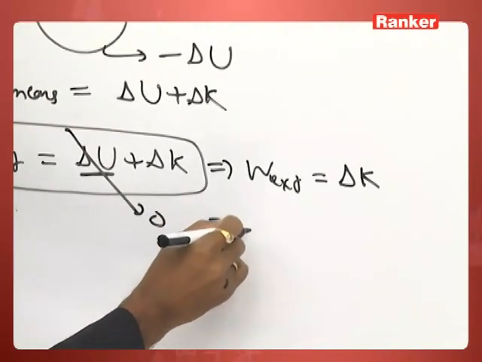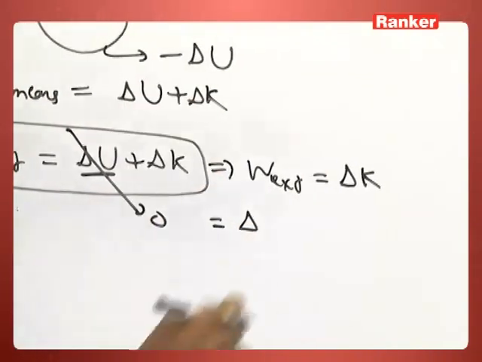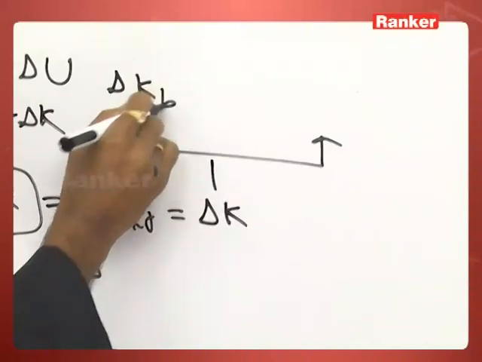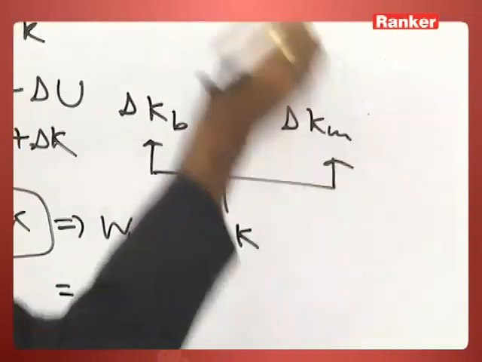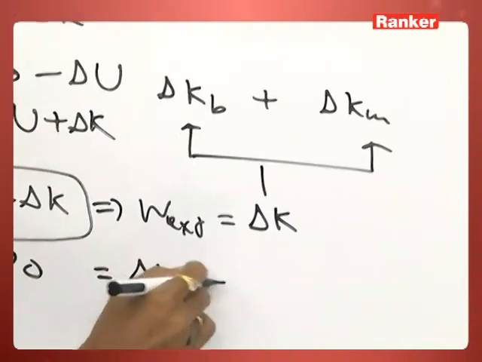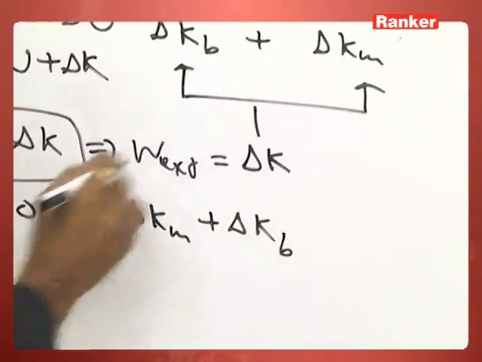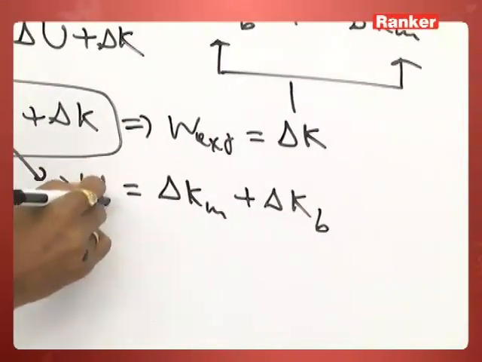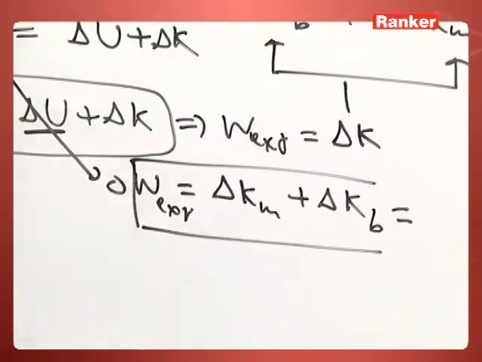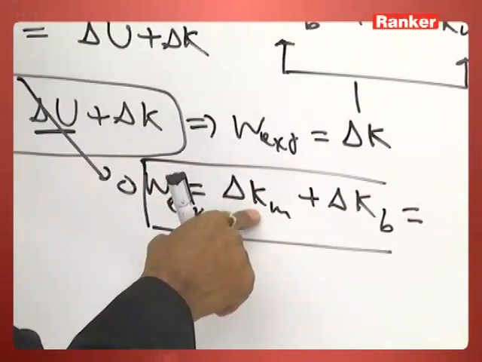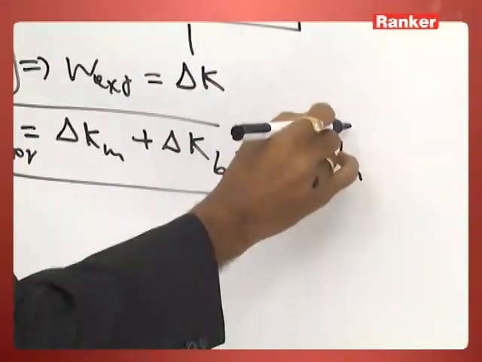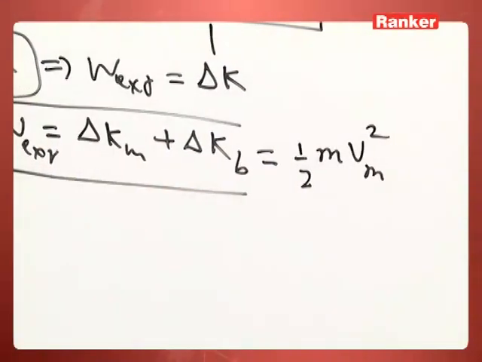This kinetic energy change has two parts. There are two bodies here. The boat is changing some kinetic energy, and you are also changing some kinetic energy. If you add them both, you get the amount of work you are doing, and that's equal to half your mass into your velocity with respect to ground, squared.